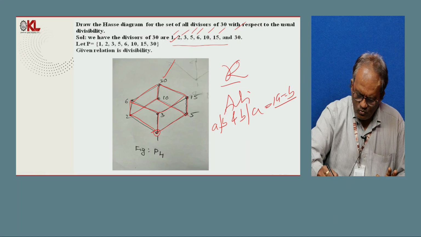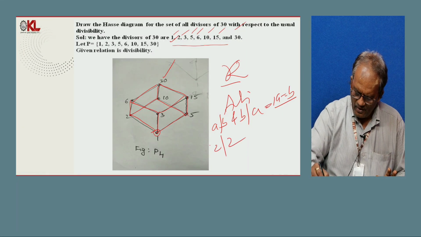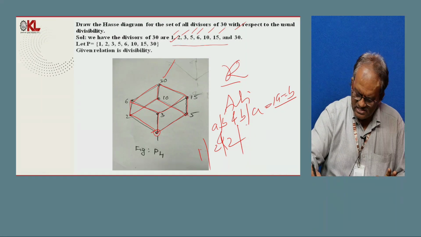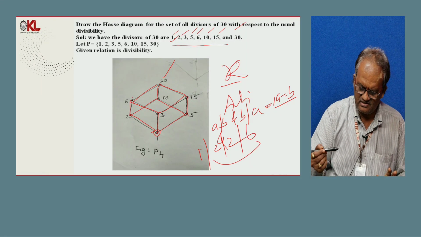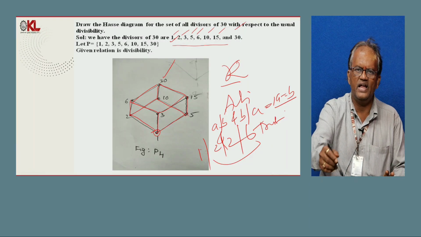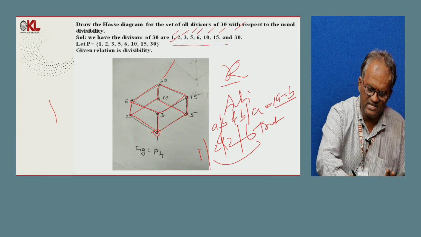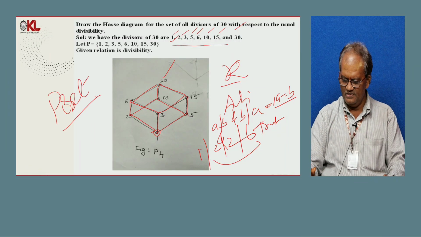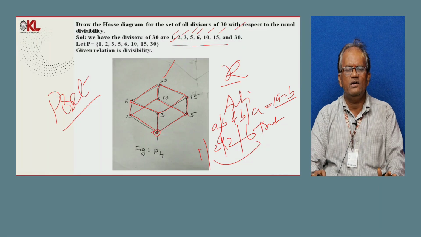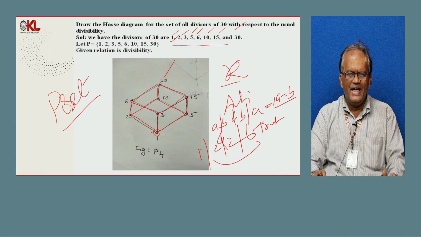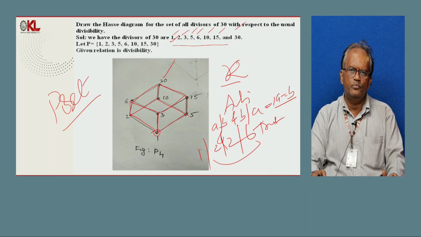And transitive: 1 divides 2 and 2 divides 6, that implies 1 divides 6. So all of these are the transitive property. That is why the diagram itself represents the poset. If you understand the diagram, we can get the poset definition. Like that, you have to construct the Hasse diagram by using posets.